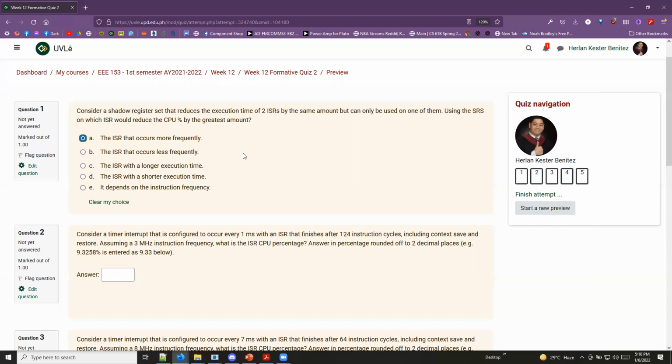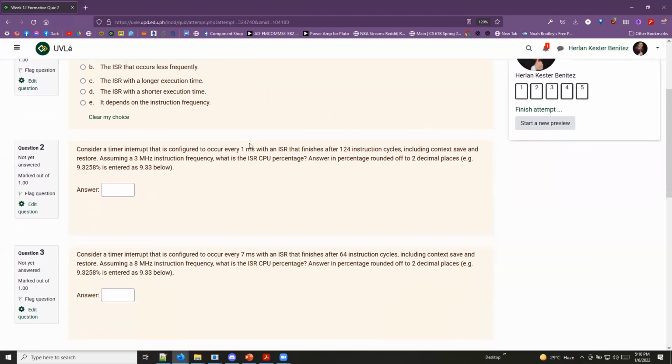Of course, for the one used more often, you want to reduce the execution time. Then, do you want to reduce the execution time of the longer or the shorter one? It doesn't matter much if you reduce by the same amount. So, the most appropriate answer is letter A.